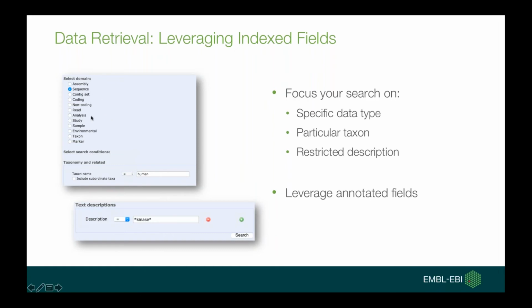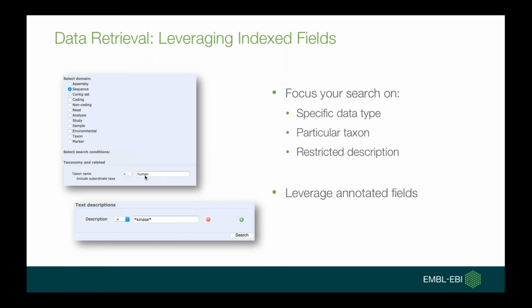When you click that, the first thing that happens is more boxes appear beneath. We've got the taxon box here, where we can specify what taxon we're interested in. Now we're interested in human. When you start typing into this box, you see suggestions appear, because whatever you put into this box has to match something in a taxonomy database.